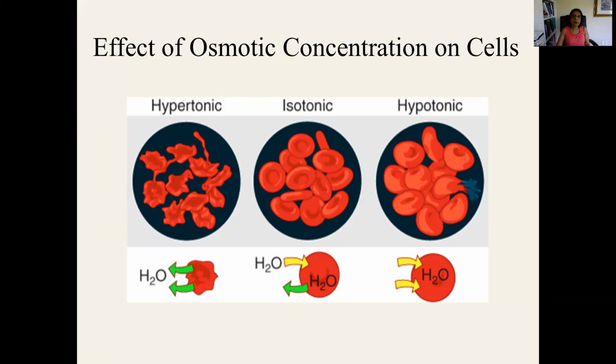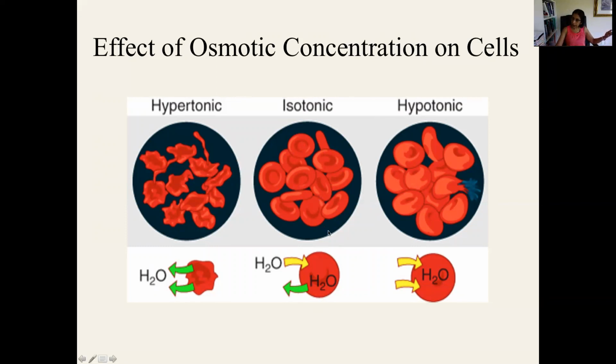Okay, so here you're talking about isotonic condition. What that means is red blood cells are in the plasma that has 300 milliosmol concentration. Okay, what that means is these cells are going to be fine. That's the concentration inside the cell.